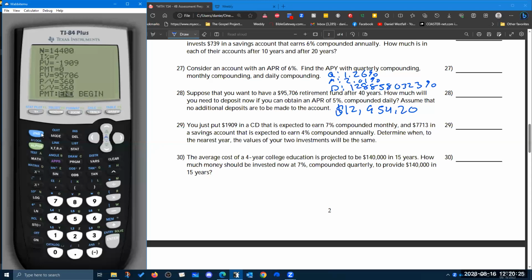Okay, we're going to do this with the graphing calculator. So we're going to say that the first one is 1909 times 7%.